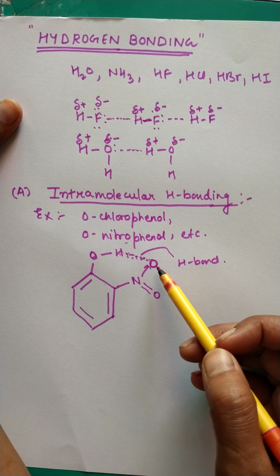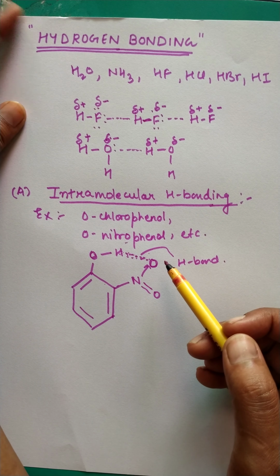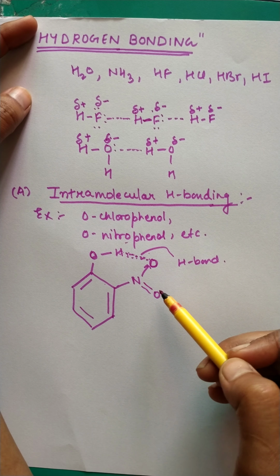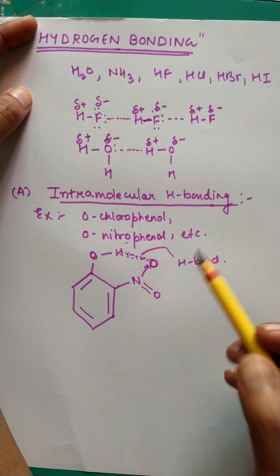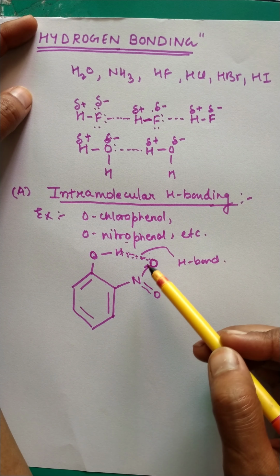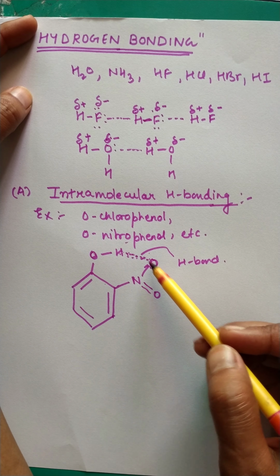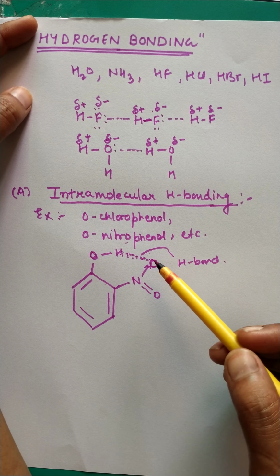Due to intramolecular hydrogen bonding, the boiling point of the molecule decreases, as well as the solubility of the compound, because in intramolecular hydrogen bonding the atoms in the molecule are very close to each other, so the bond will not break easily.